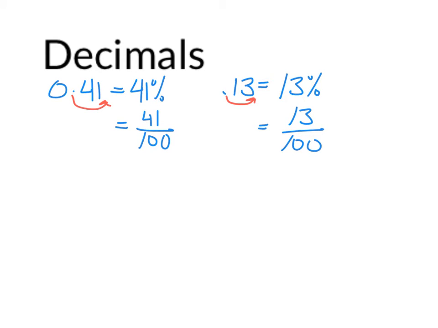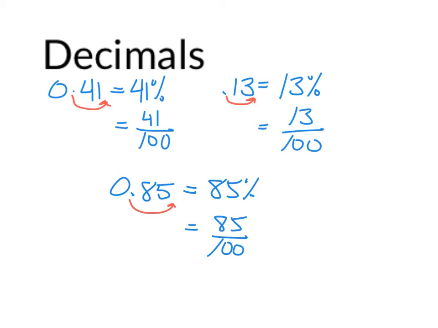And maybe we have something like 0.85 and we want to turn that into a percent. Move the decimal 2 places so that it'll become 85%. To write it as a fraction, take that 85 divided by 100. And then you could use that ABC button on your calculator if you want to, and you'll get 17 out of 20.